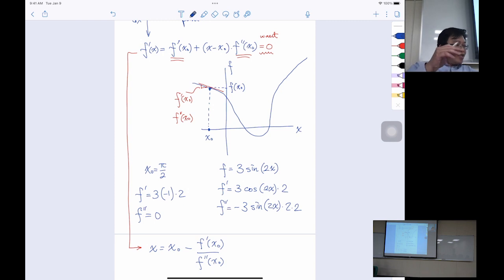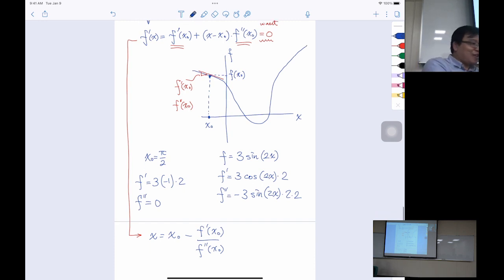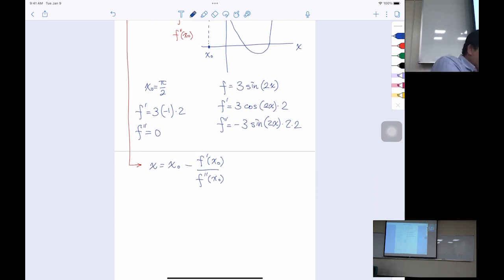So supposedly, if this function is a second order function, this is how I find the position that is at the bottom.